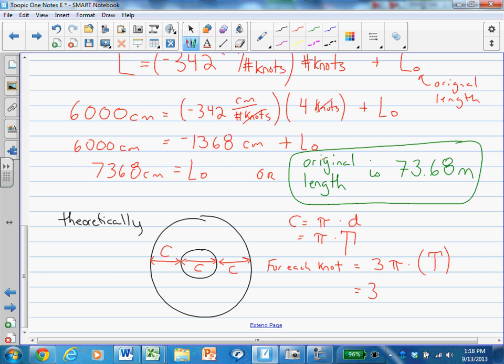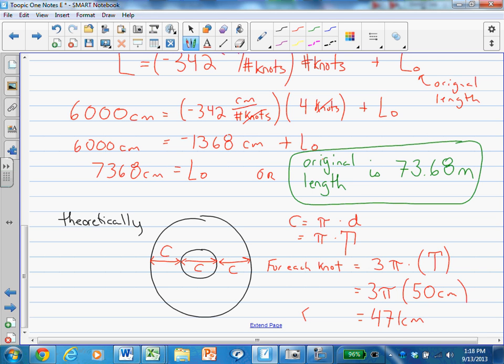But what is t for our steel? 50 centimeters. So 3 times pi, don't be surprised there's a big difference between this and 342. 3 times 3.14 times 50 is 471 centimeters.